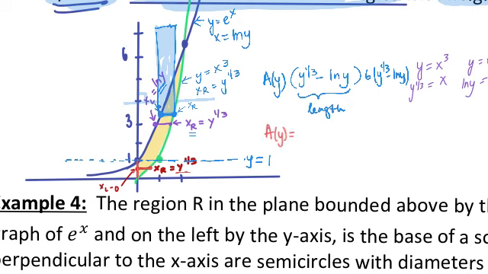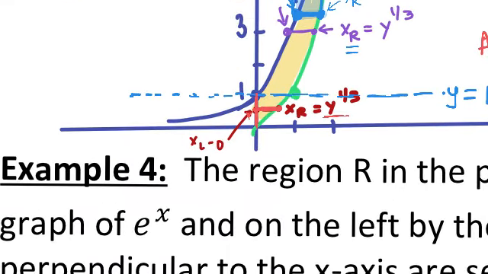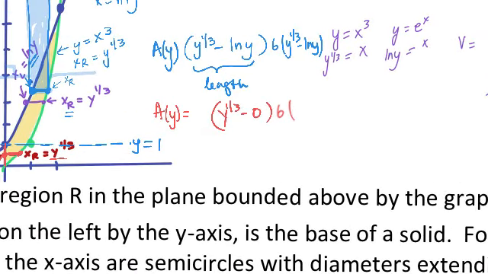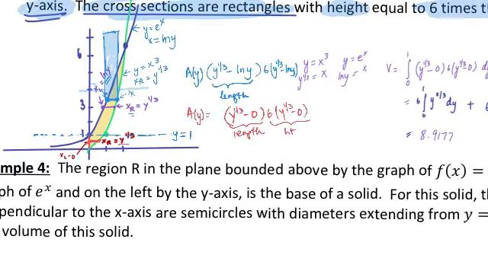Your equation will look like y to the 1/3 minus 0 for this distance right here, because on this side it's y to the 1/3, on this side x is equal to 0. And then, of course, you'd have to multiply by 6 times that again, right? And that's just the rectangle height. So here's your length and your height, just like we had before, right?